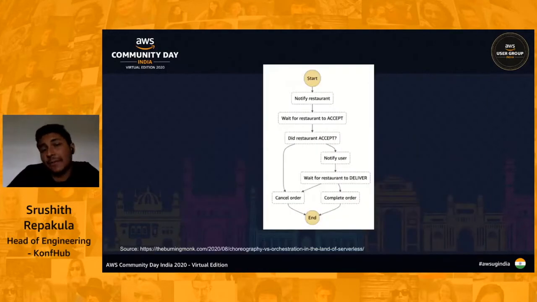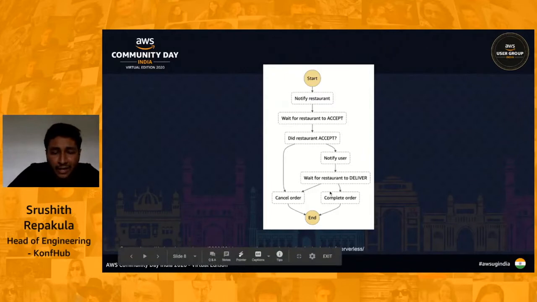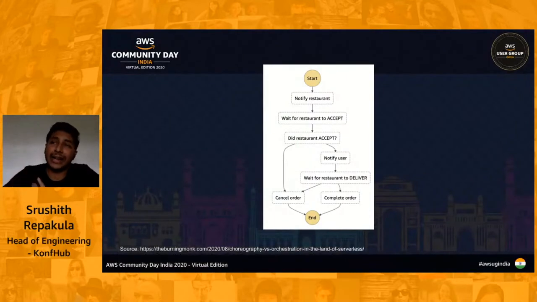Whereas here in Step Functions, I know exactly where it is failing, and I can have a catch block for a specific state, saying that if for whatever reason the complete order failed, I can have a catch state to do something else. This is the advantage of writing with Step Functions.